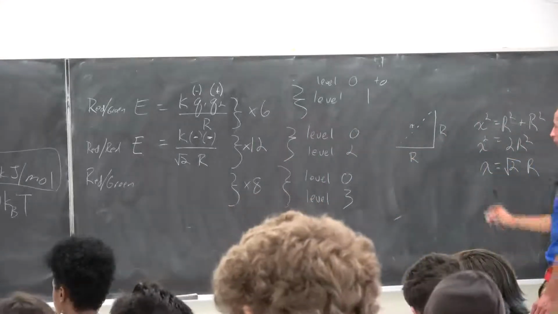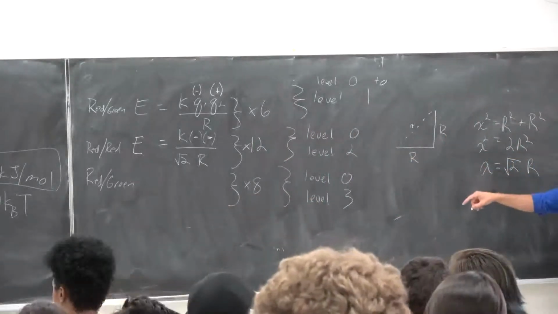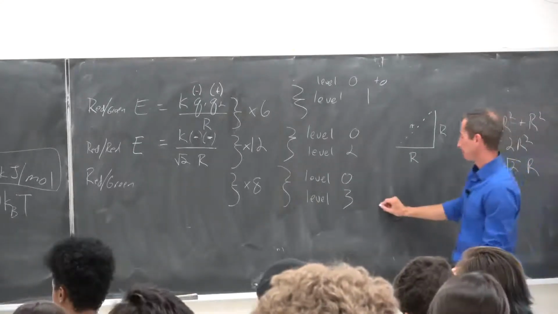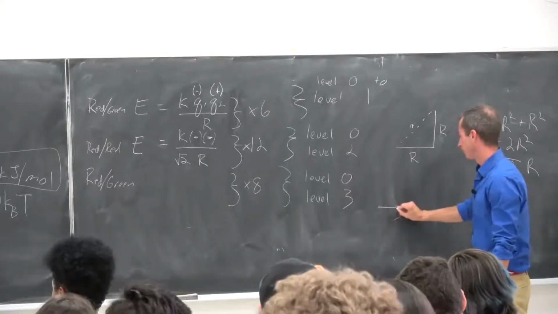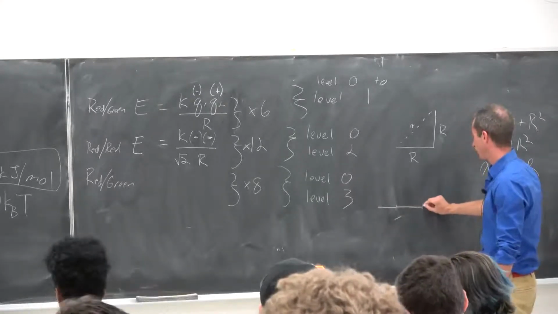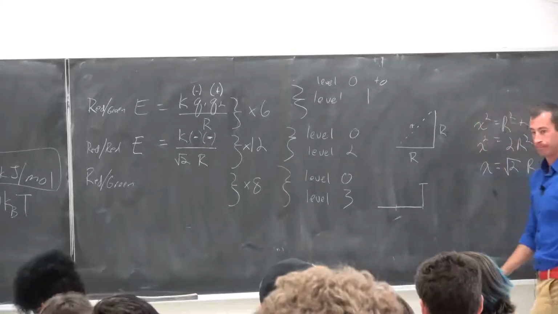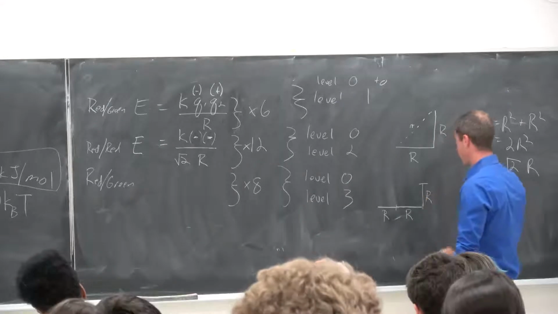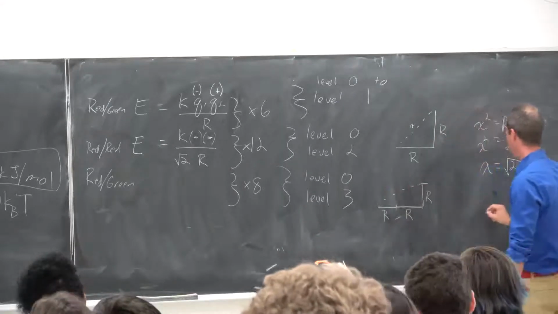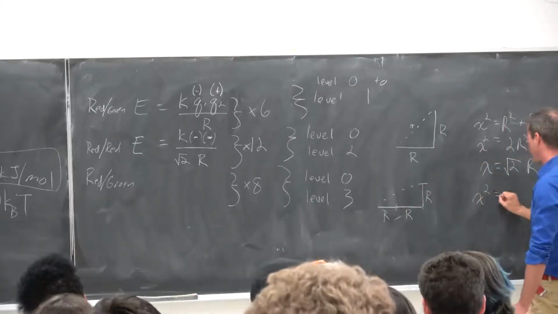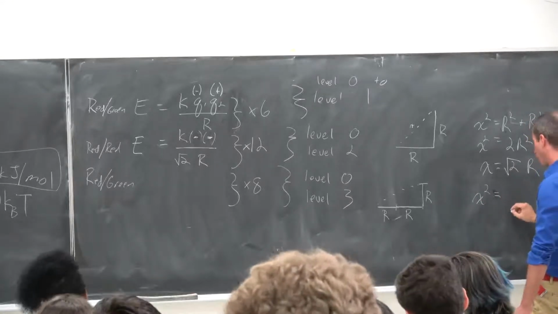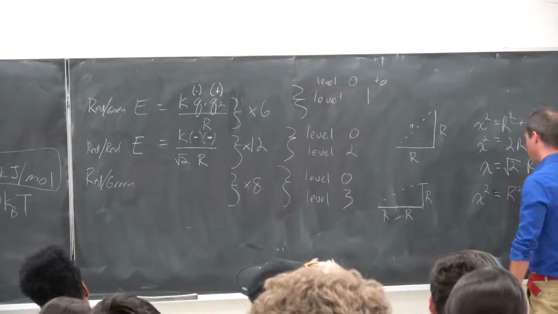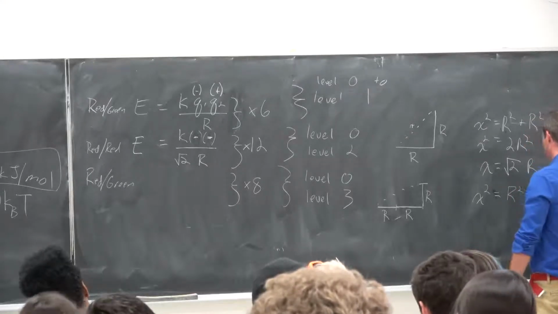And here, our R is going to be different yet again. Because what we're going to get, where this is R, this is R, this is R. So now we're looking at x squared equals r squared plus 2r squared.